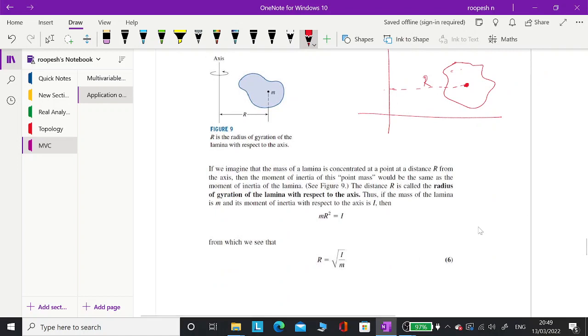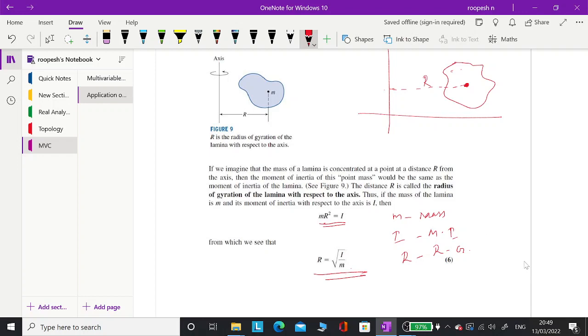And by formula we have m r square equal to I, where I means moment of inertia, m means mass, and r means radius of gyration. So you can easily calculate the radius of gyration: from this you get r square equal to I by m. Therefore r equal to square root of I by m.